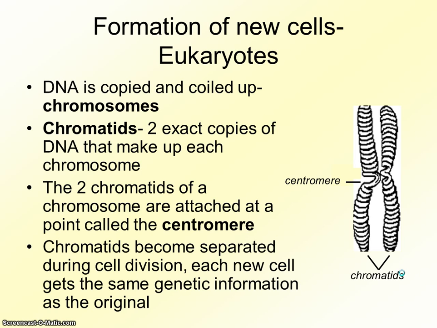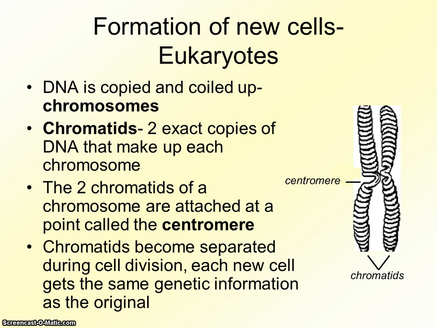We know when we look at eukaryotic cells, during interphase, chromosomes are going to form to package all of that DNA into smaller packages. These chromosomes form as a result of the DNA coiling up, wrapping around proteins. They're going to form two structures that make up the chromosome called chromatids.